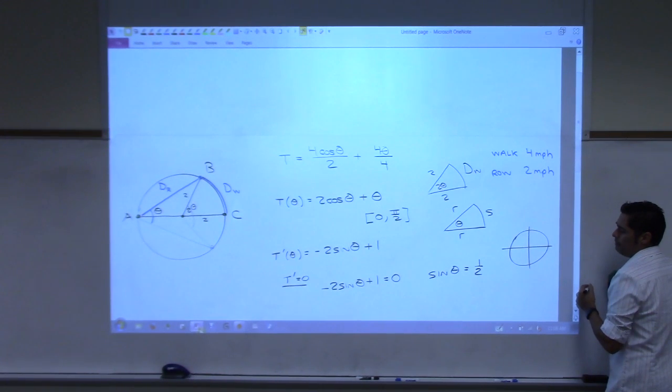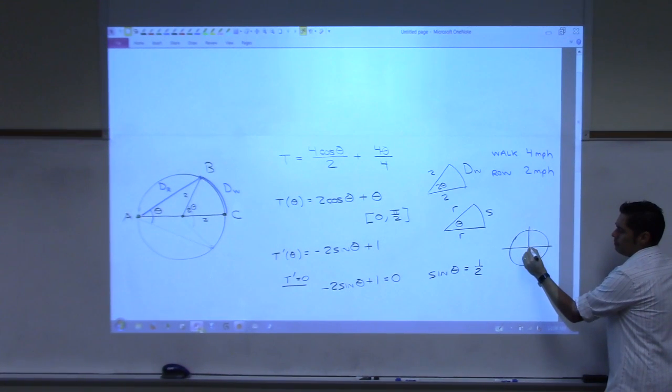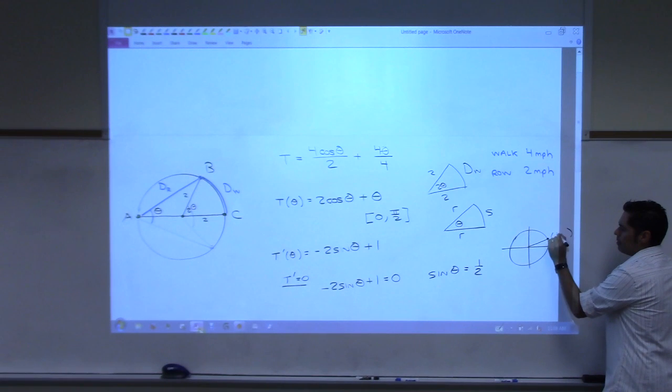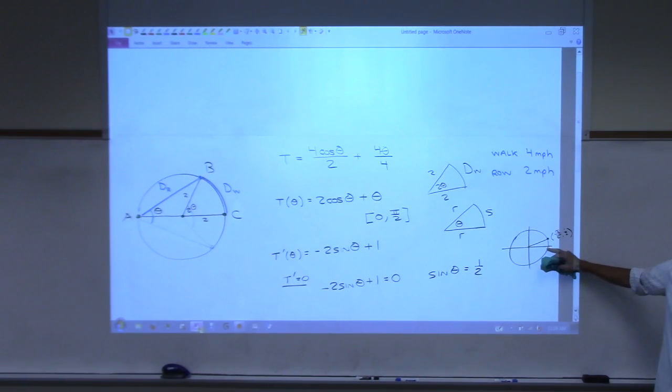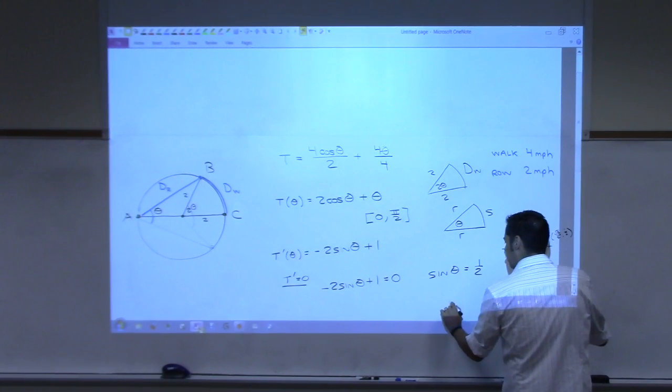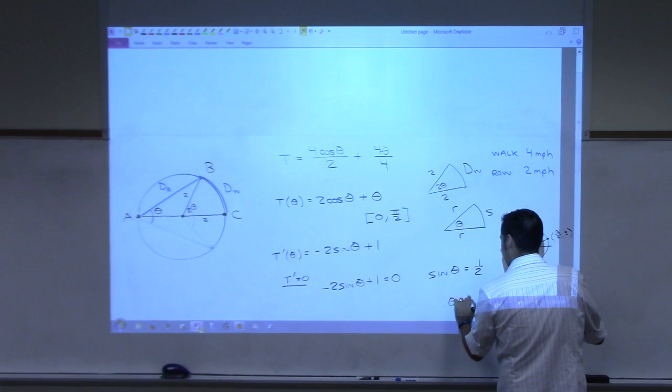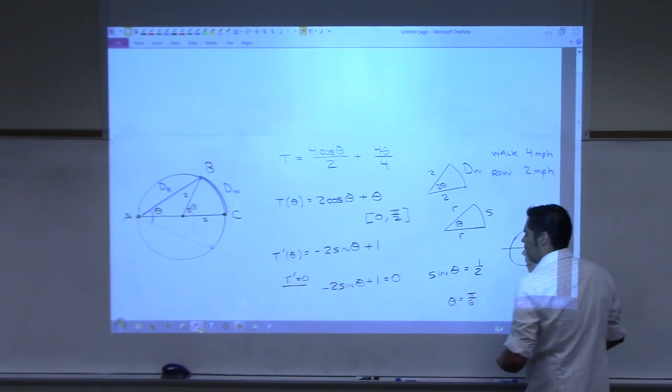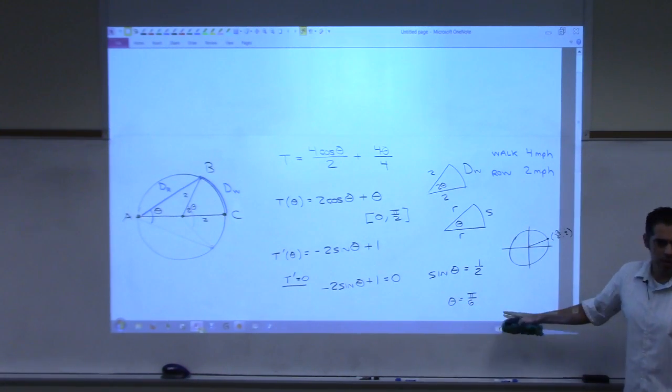What angle is that? Sine is your y coordinate. Pi over 6. This is root 3 over 2, 1/2. So it's pi over 6 where this happens. So the solution to this is theta is pi over 6. And that is our critical number.